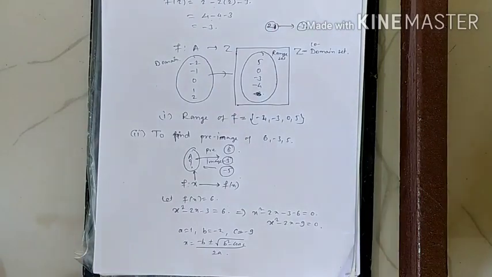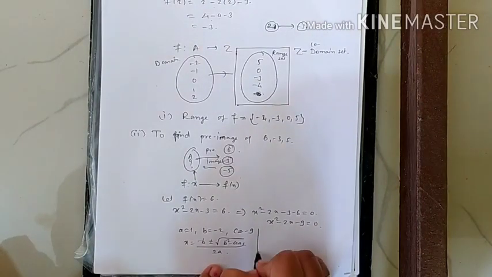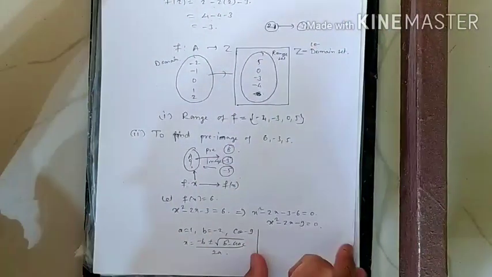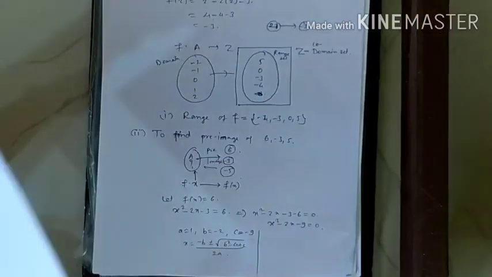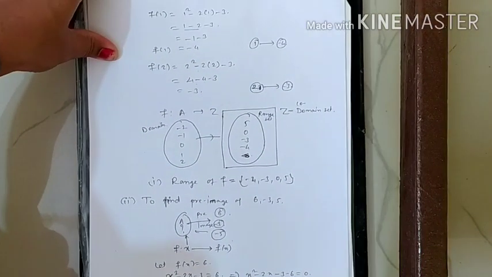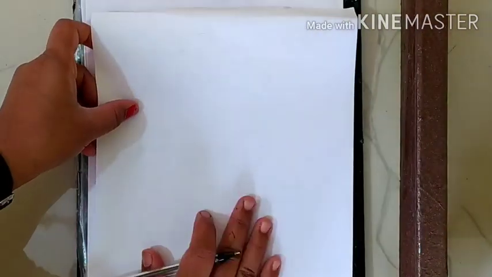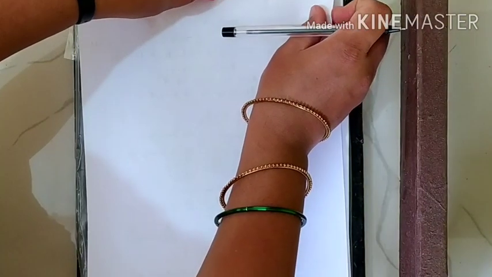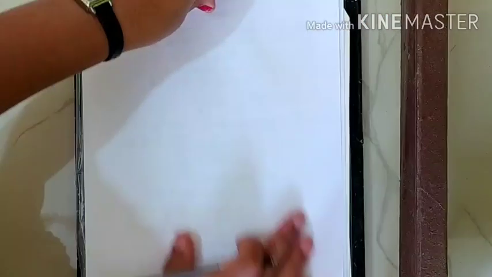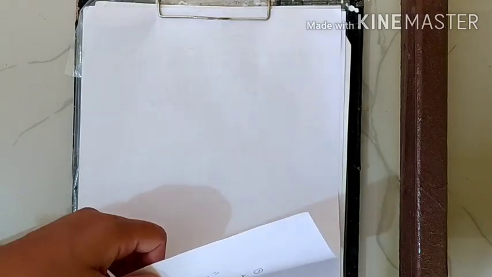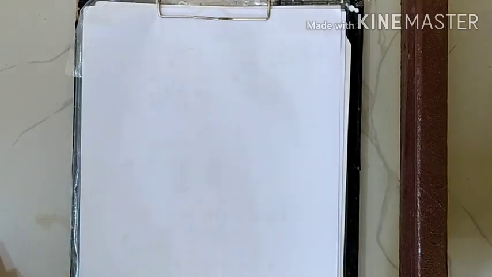Now what is b square minus 4ac? We'll take the next page for solving this. We have a is 1, b is minus 2 and c is minus 9.